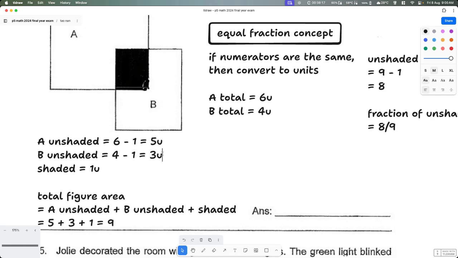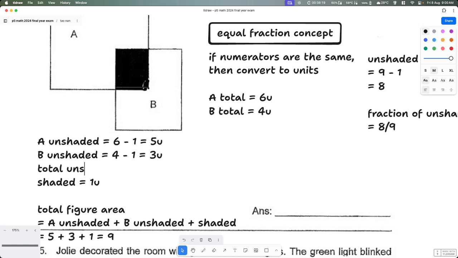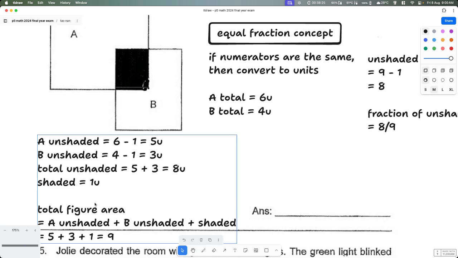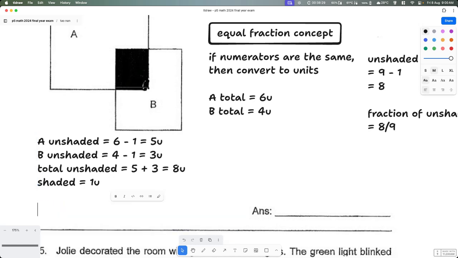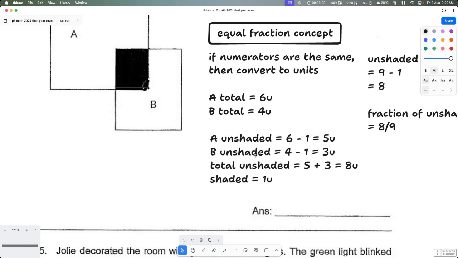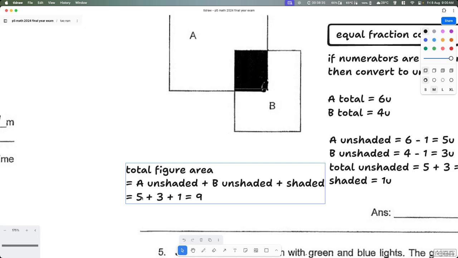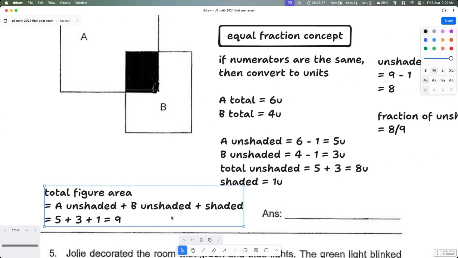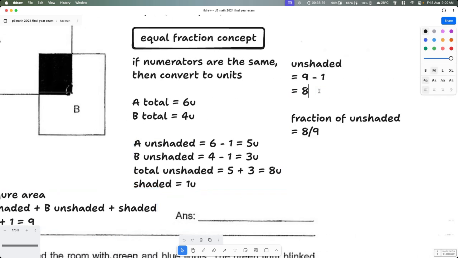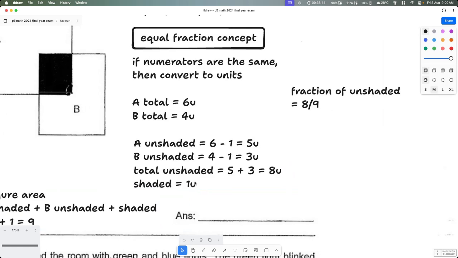So total unshaded is equal to 5 plus 3 equal to 8 units. Okay, A plus B unshaded is this, and then the fraction of unshaded is this.